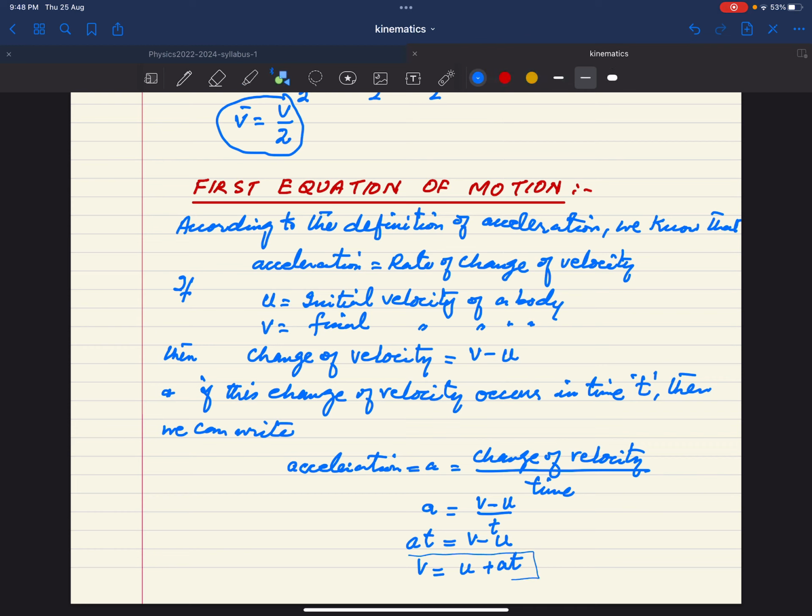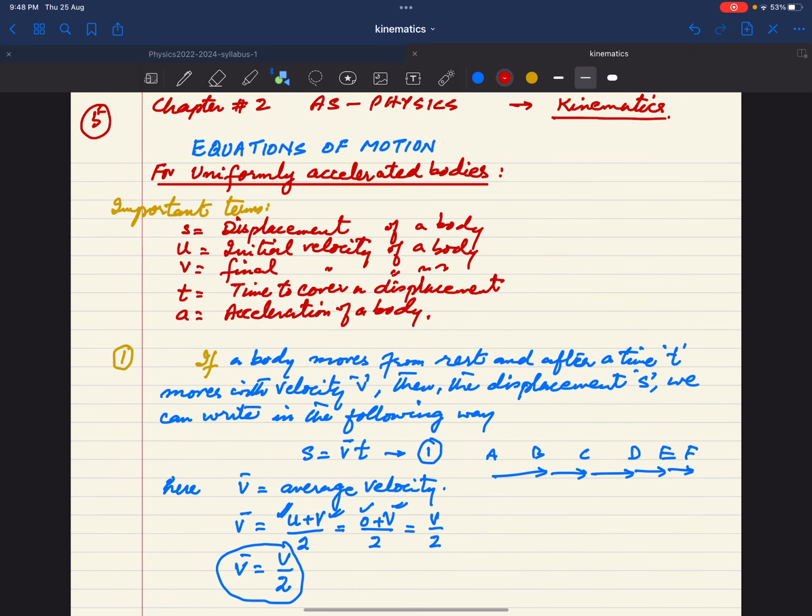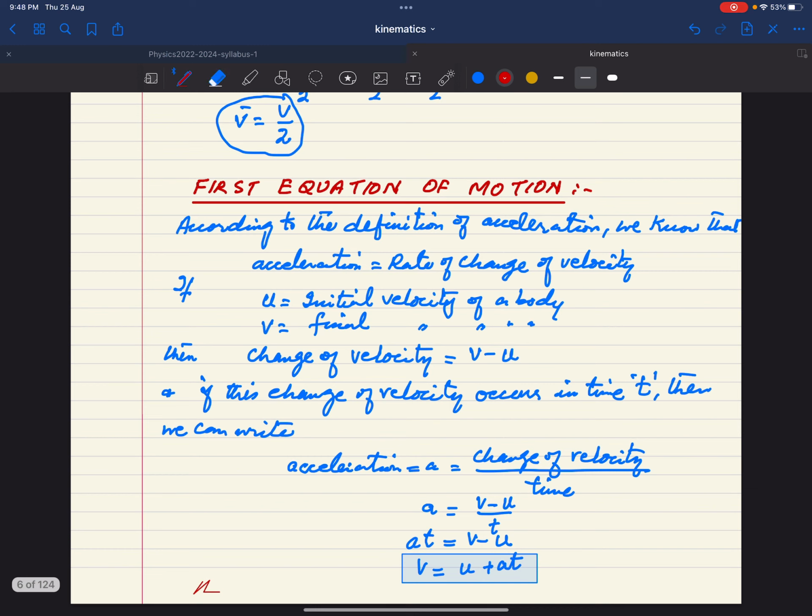The above equation is termed as the first equation of motion.